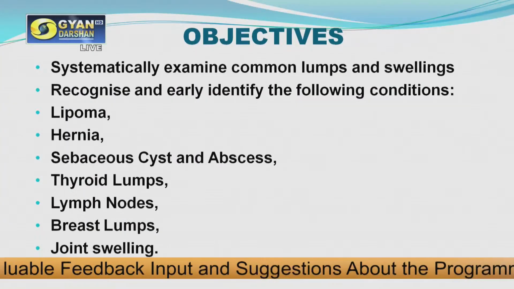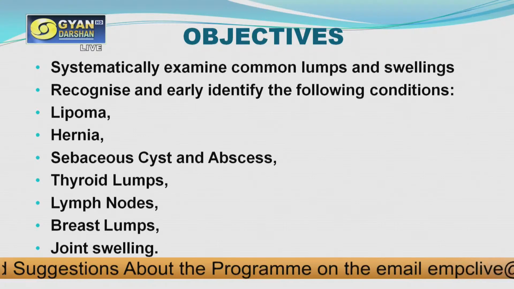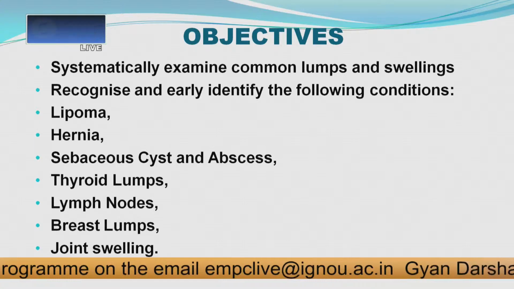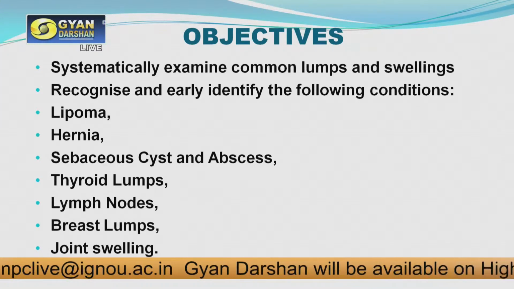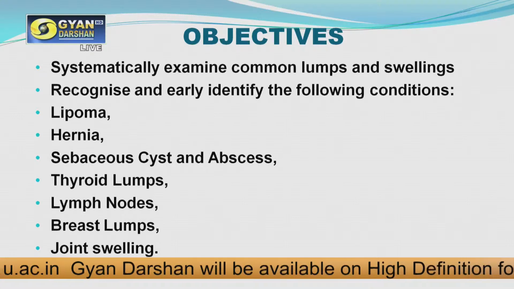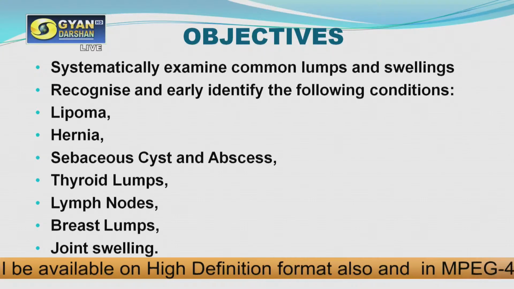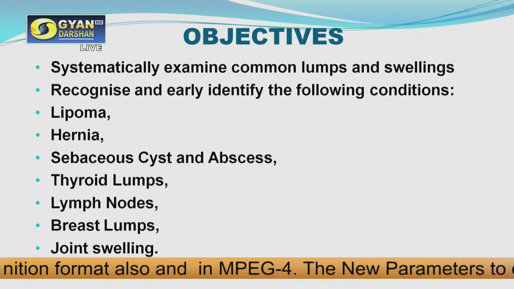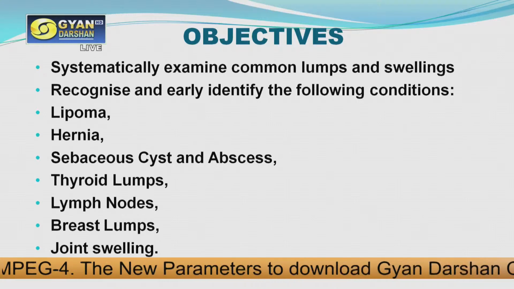After this session you will be able to identify various kinds of swellings like lipoma, hernias, sebaceous cyst and abscess, the swelling in the neck like thyroid lumps, then lymph nodes which get swollen, and breast lump, as well as swelling that can occur in the joints.